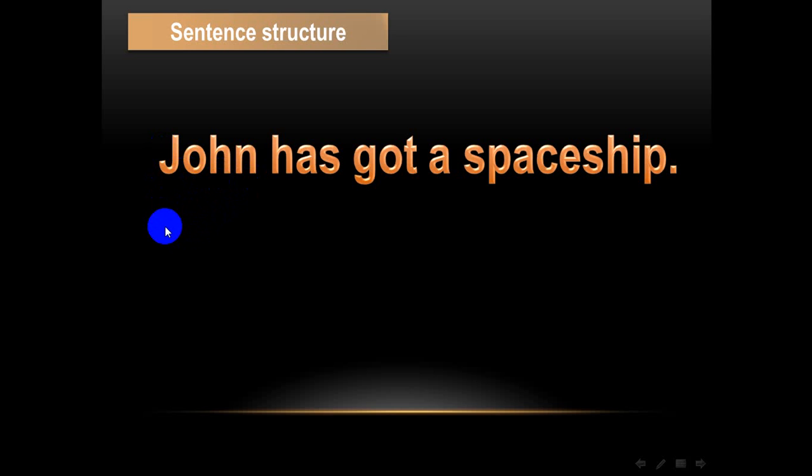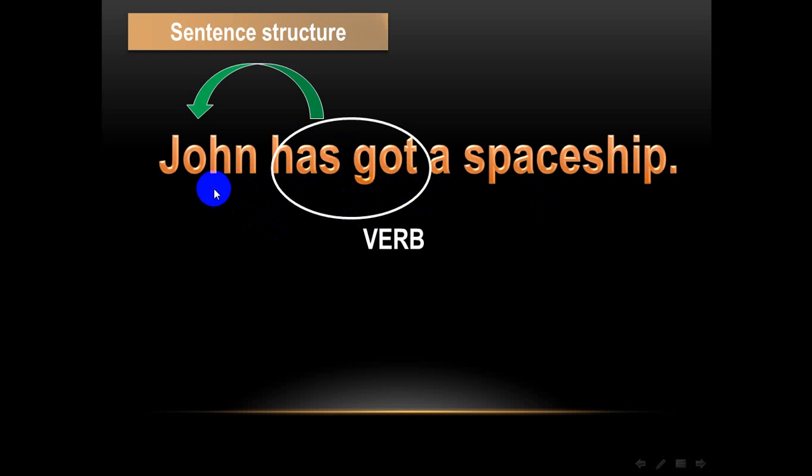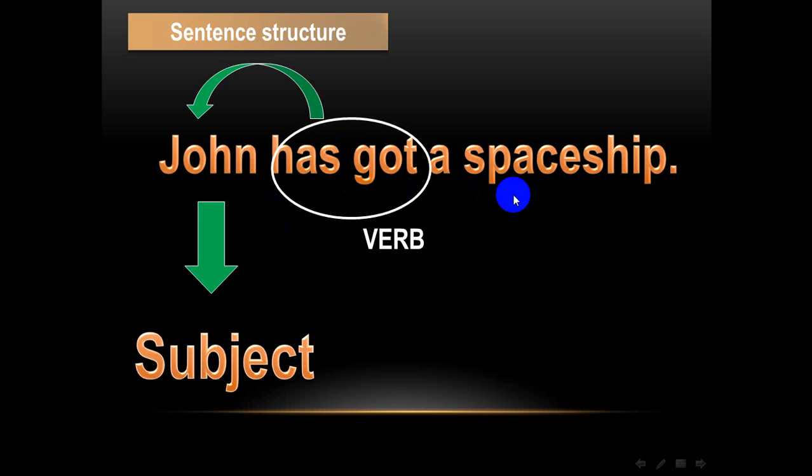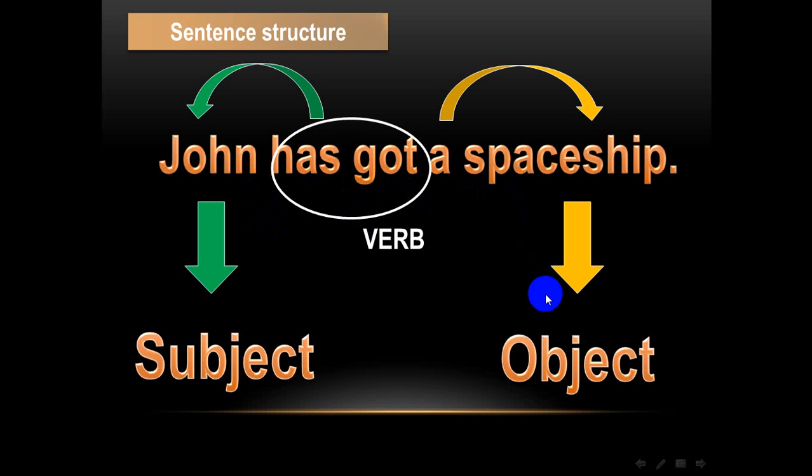And the verb? Has got. And the object? The spaceship. So, here we have has got, verb, John, subject, spaceship is the object.